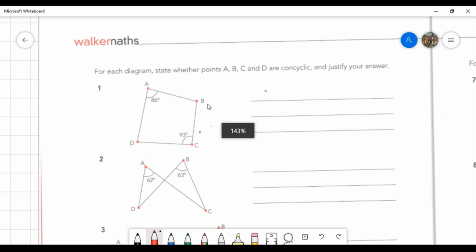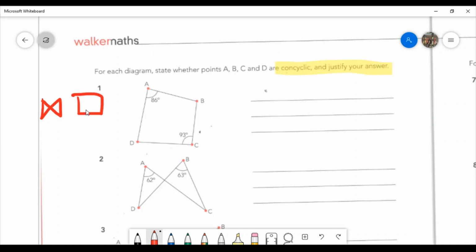Exercise 1. Let's consider these 4 points. Are they concyclic? That's the question. Justify your answer. First off, in my mind, I think, does it look something like that or something like that? It looks like this one here. So we should be considering these opposite angles.